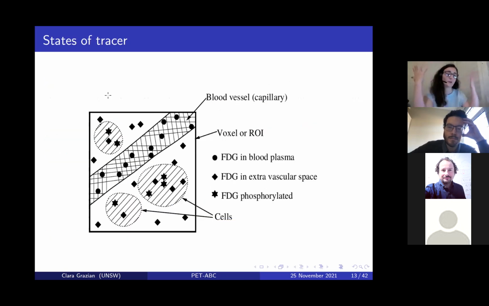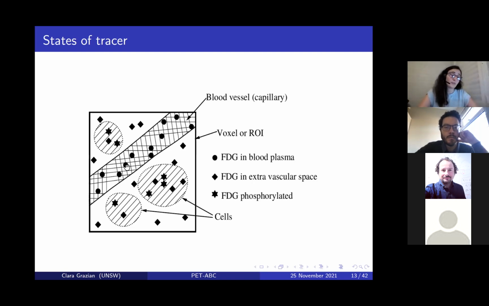So in terms of what happens, we are in a situation which can be represented by this graph, where there is a particular tracer compound which is FDG, and I'm going to make an example of a data set with this at the end of the presentation. So the compound is delivered into the blood and transported into the cells. The compound can be seen in 3 possible states.